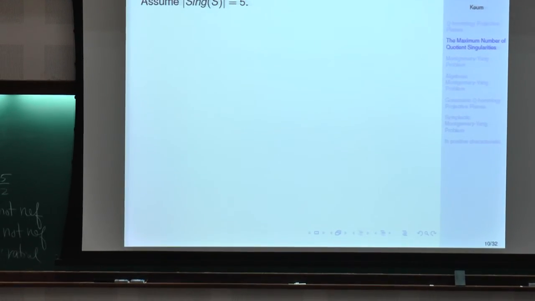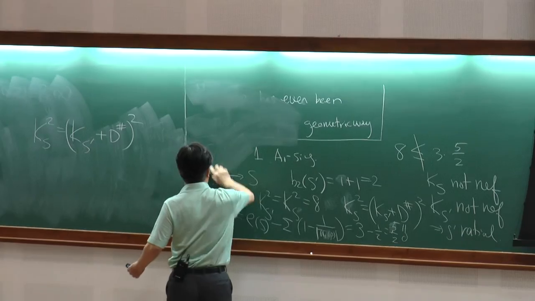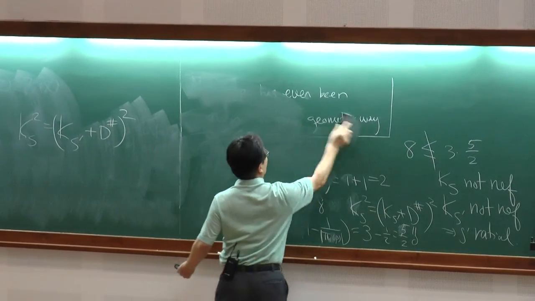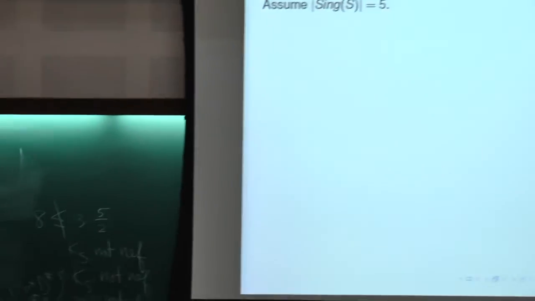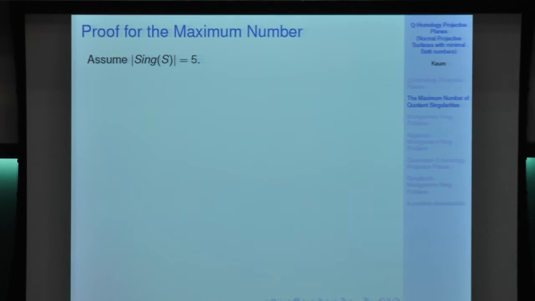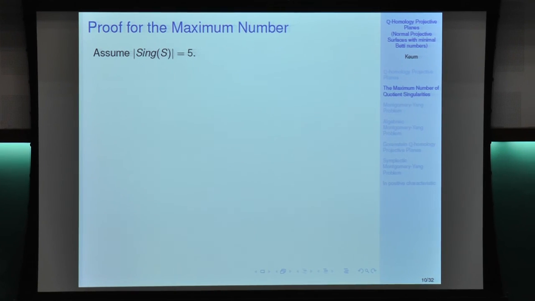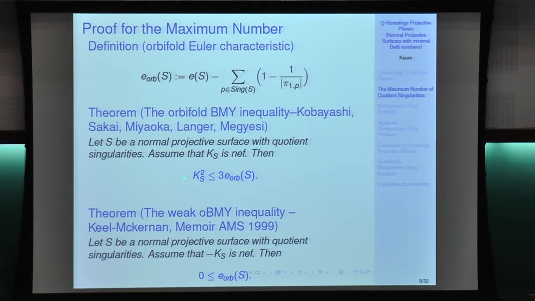So, proof. Let me give you one proof that the number is bounded by 5. Let me go up here. So this is the formula.